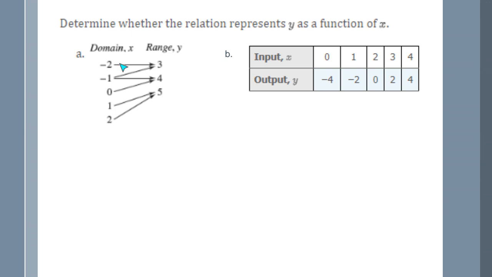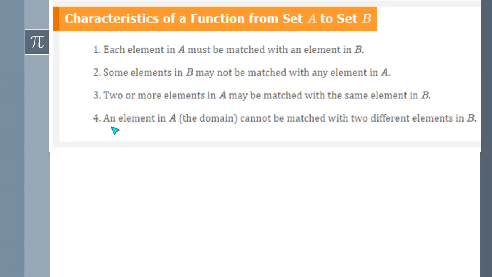So that's a good thing. Now we go to -1. -1 is going to 3, but it's also going to 4. So -1 is going to two different things in the range. And because it's doing that, it's not meeting this last characteristic. Okay. So it's going to two different things.